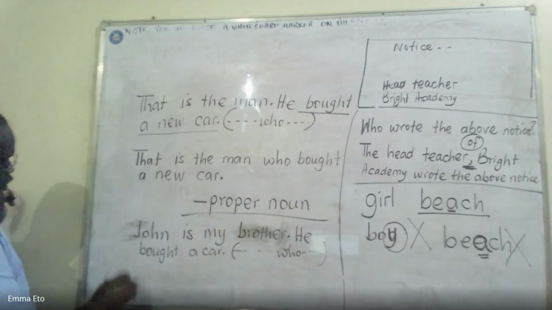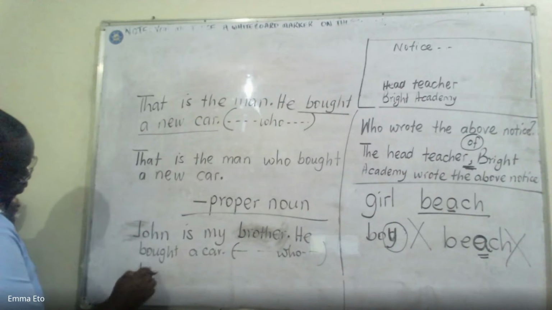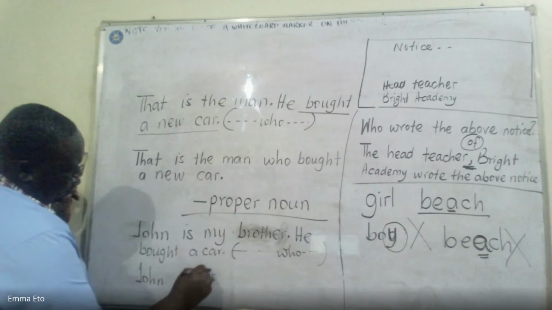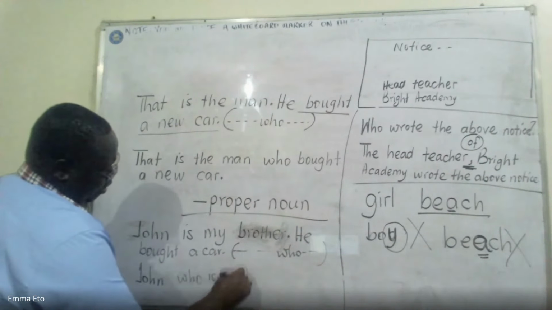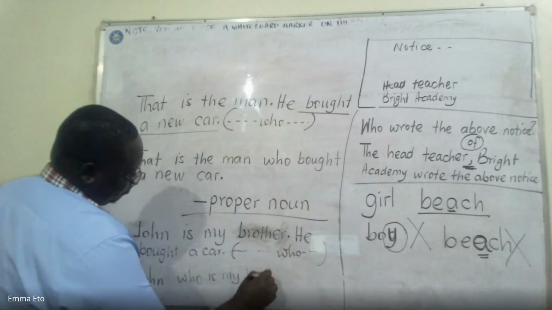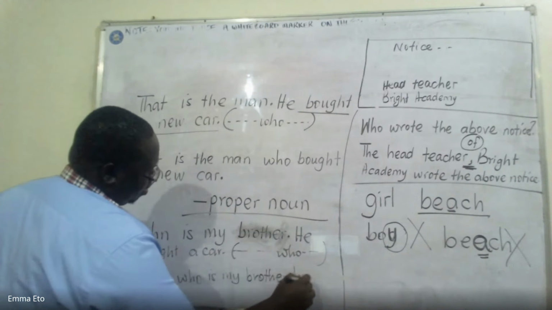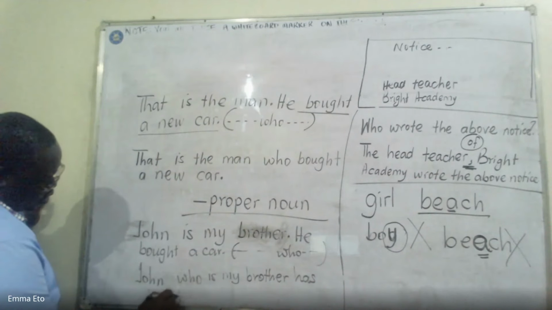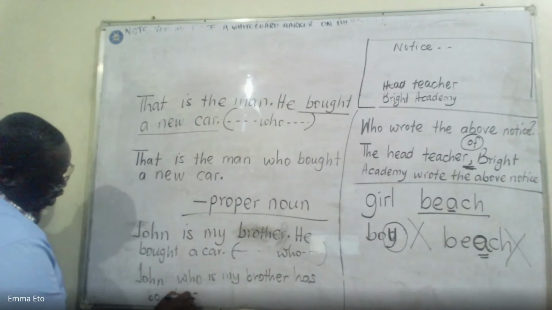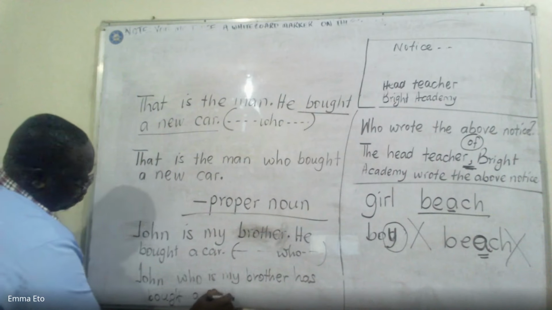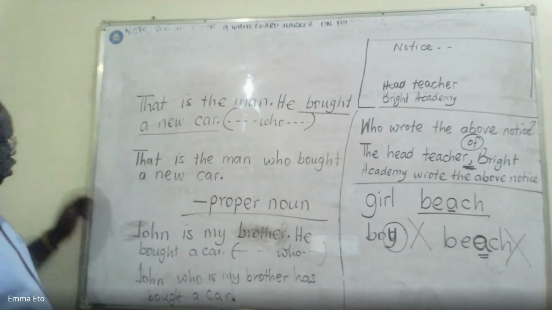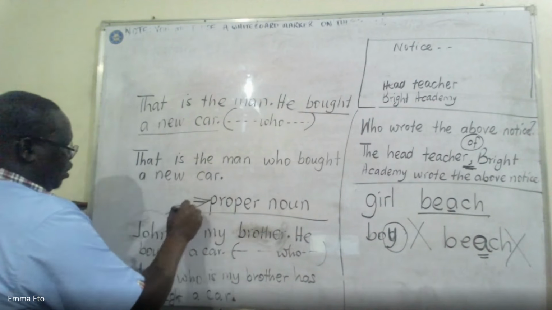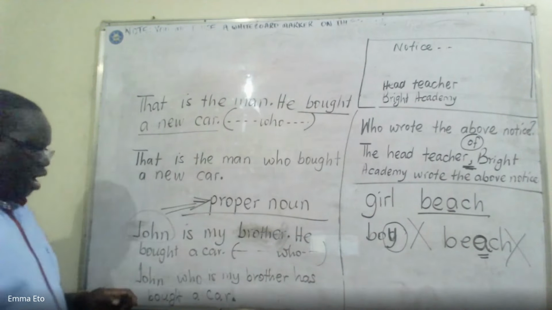So you say John, who is my brother, has bought a car. But now I have John, and John is a name of a person, which is a proper noun.